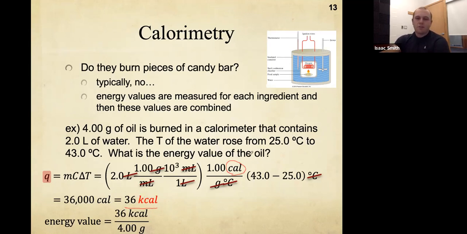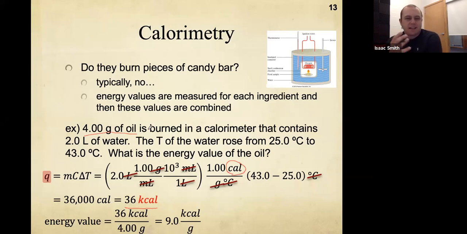The energy value of the oil, so if the question is asking how many kcals per gram, then you would actually take your kcals and divide by the grams of oil, which is just given here at the first part of the problem. And then you know it's 9 kcals per gram is the energy value. So kind of depends what the question is asking.